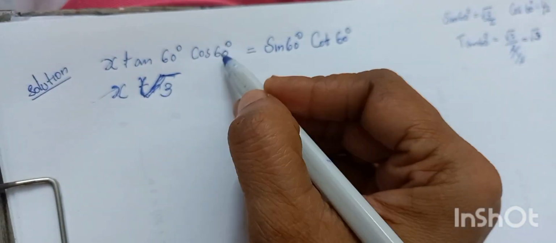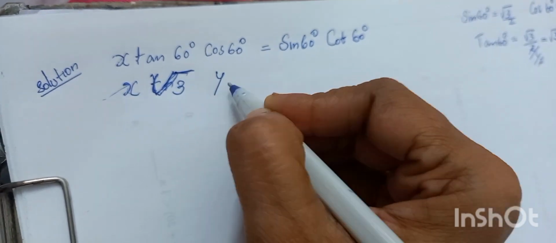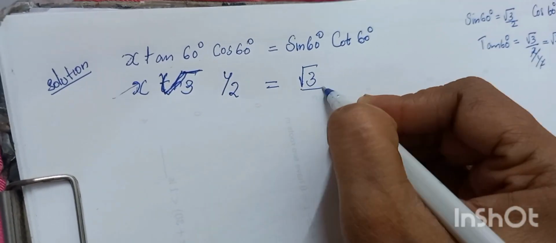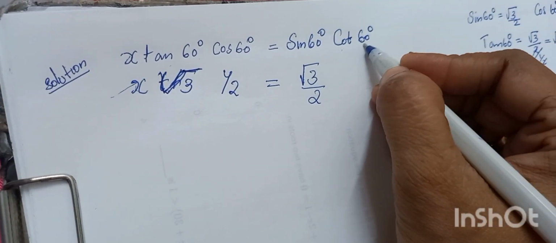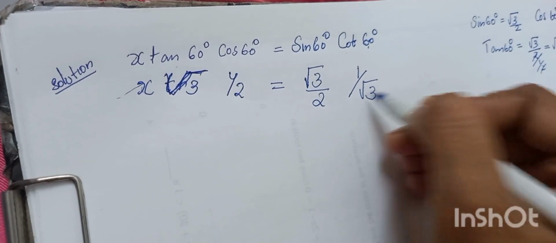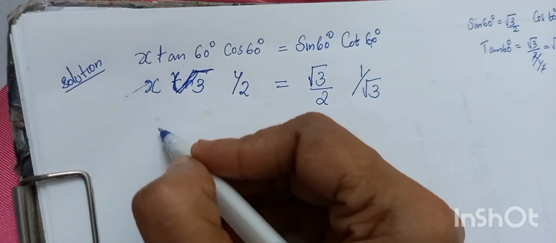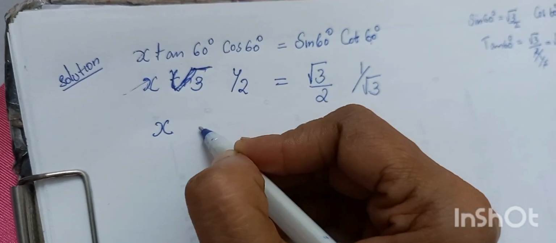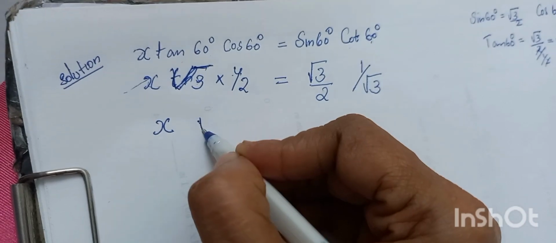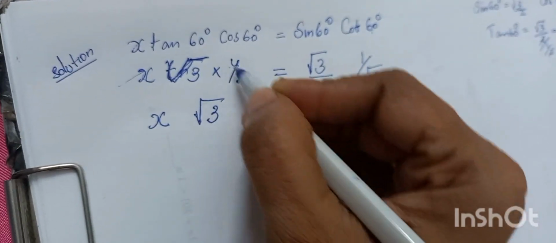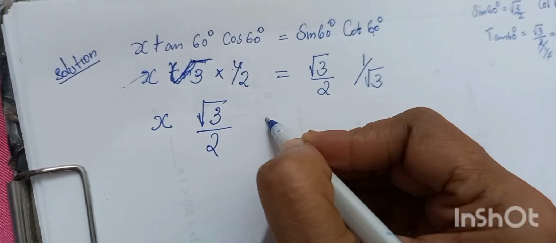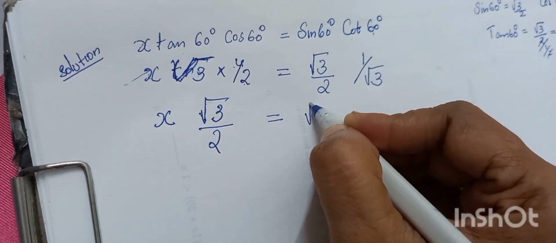Root 3 cos 60 degree, cos 60 degree is equal to 1 by 2, is equal to root 3 by 2. Cot 60 degree is equal to 1 by root 3. So we can write x into root 3 into 1 by 2, so we can write root 3 by 2 is equal to root 3 by 2.